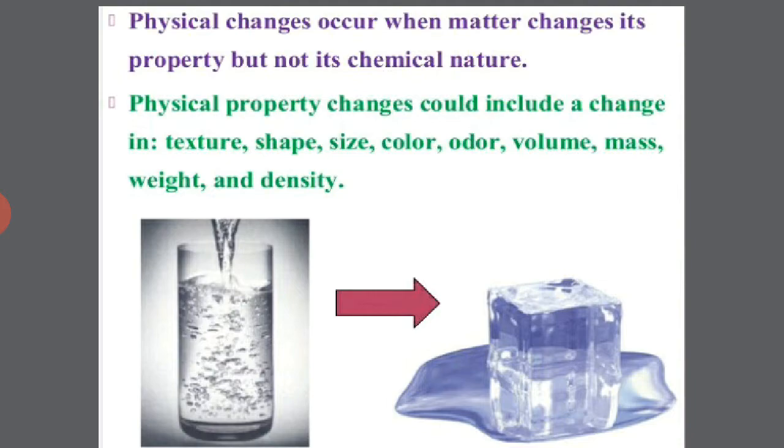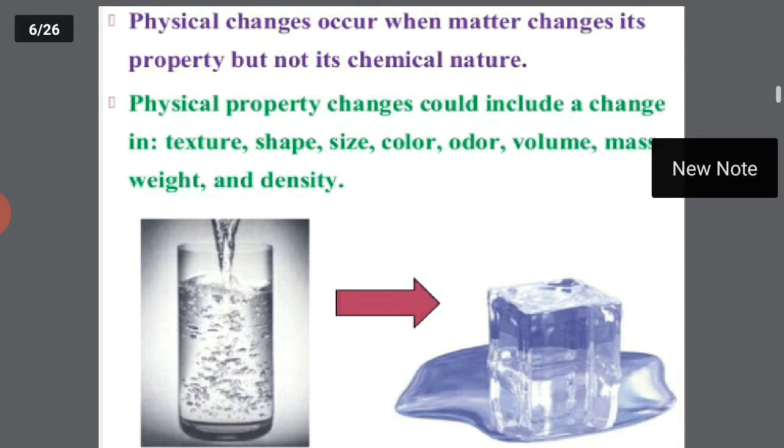The physical property changes could include a change in texture, shape, size, color, odor, volume, mass, weight, and density. Okay, these are the parameters which can get changed during a physical change.